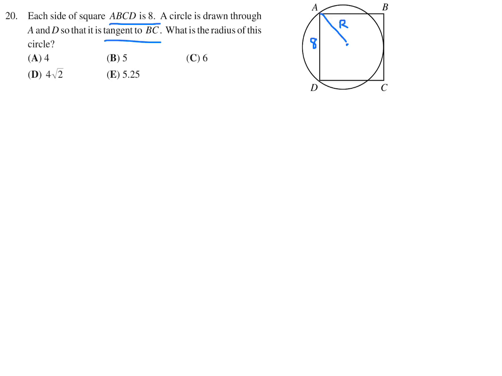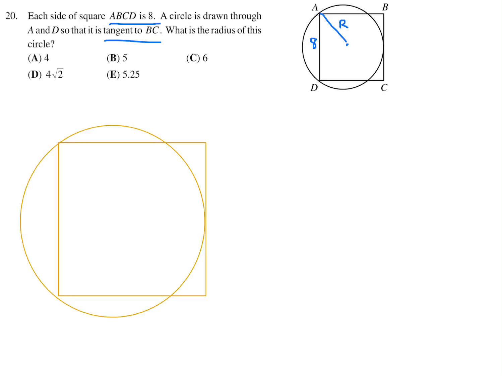We'll call that R. So let's draw this out a little bit bigger. All right, this is a somewhat replica of the diagram, and we're going to start labeling this now. So let's make this the center, and let's draw some parallels.